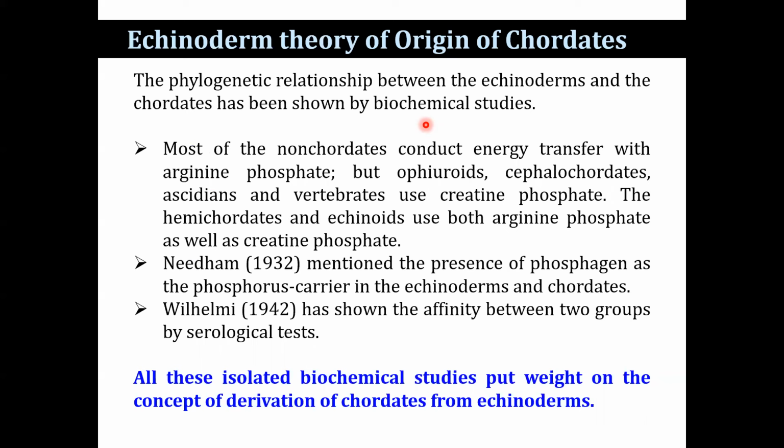Needham, 1932, mentioned the presence of phosphagen as the phosphorus carrier in the echinoderms and chordates, whereas Wilhelmy, 1942, has shown the affinity between the two groups by serological test. All these isolated biochemical studies put weight on the concept of derivation of chordates from echinoderms.